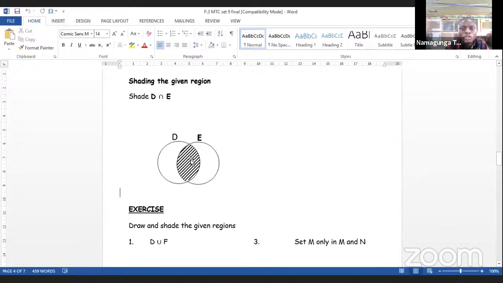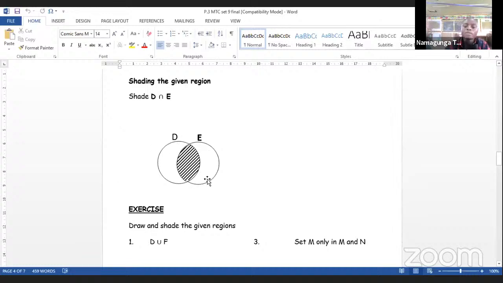That is what you're going to shade. So you will only shade where set D and set E are meeting. Then union means you shade the whole set.